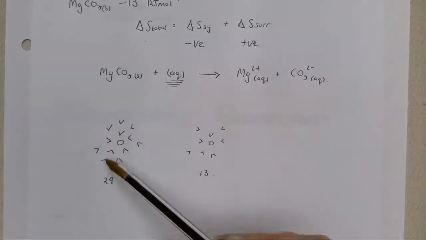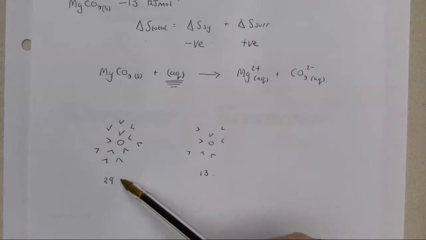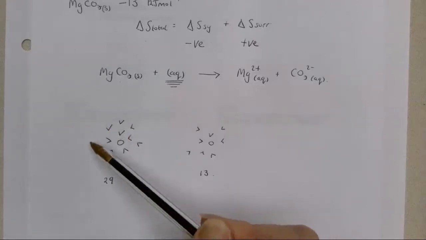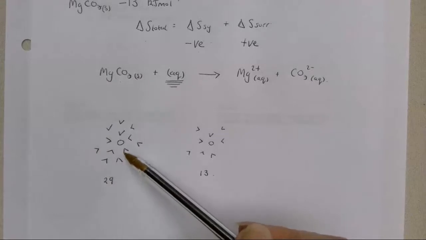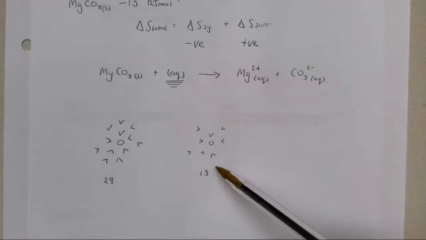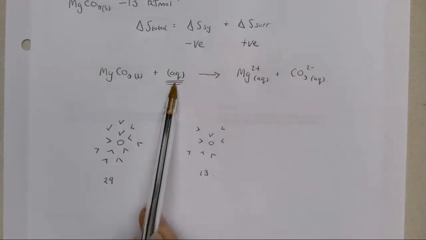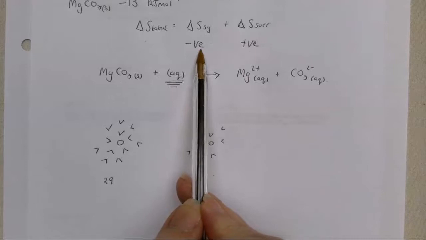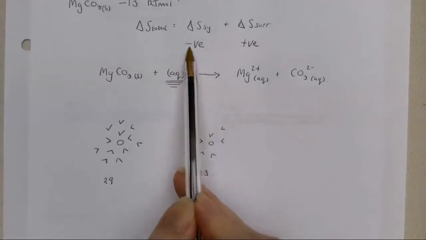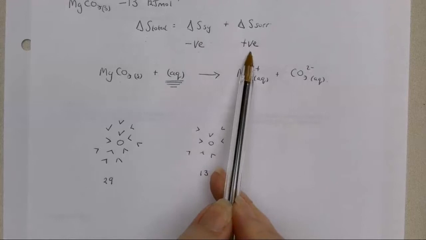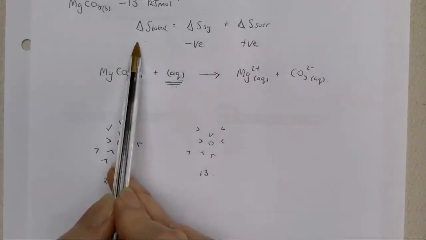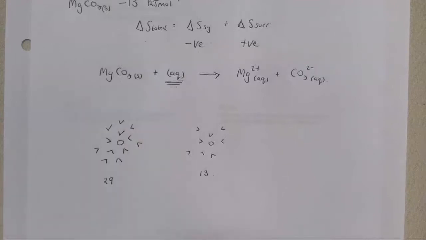We say that magnesium has a hydration number of 29, so it can order a lot of water molecules, whereas the sodium only has a hydration number of 13. So it is this ordering of the water that causes this value to be negative, and it's a large enough negative to outweigh the small positive here to turn delta S total negative overall, and therefore this reaction is not feasible.